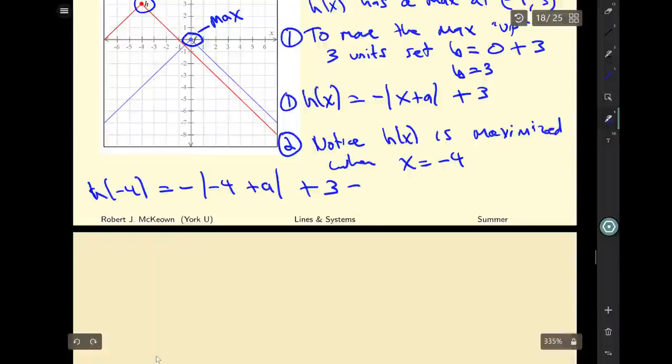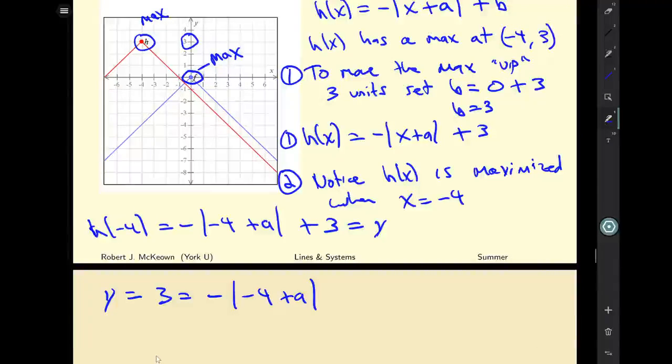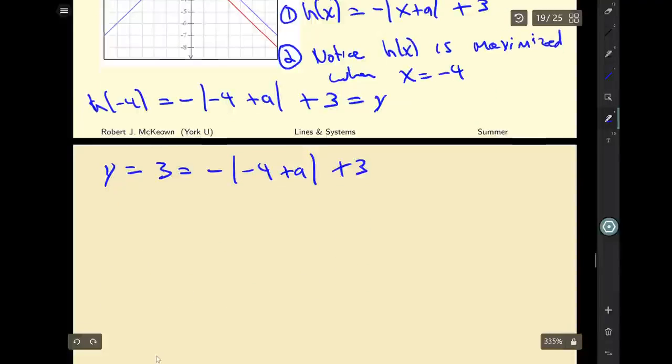Let's recognize that this function is equal to our y-axis value. If I do that, I can rewrite this whole thing as y is equal to 3, which is also equal to negative the absolute value of -4 plus a, plus 3. And if I subtract 3 off both sides of the equation, I'm going to get 0 is equal to -4 plus a.